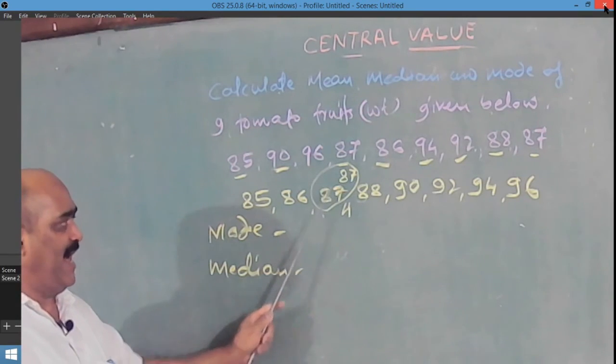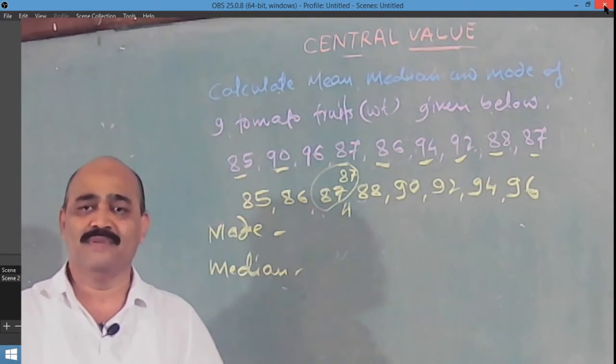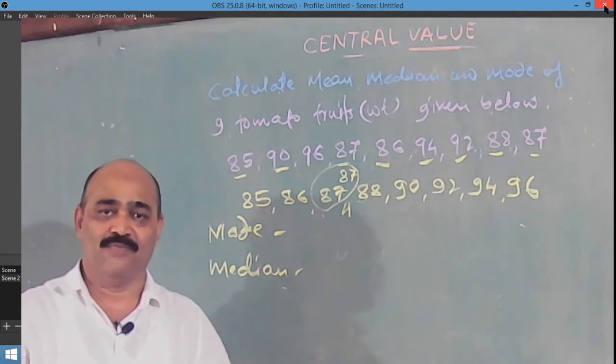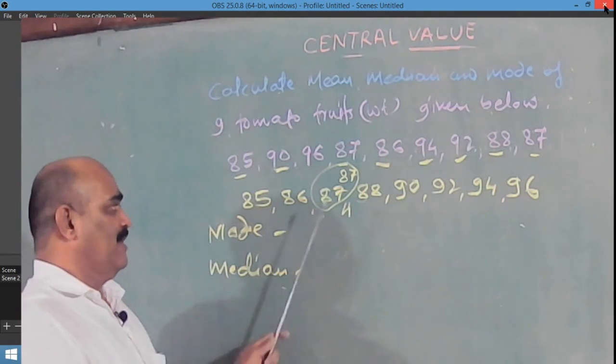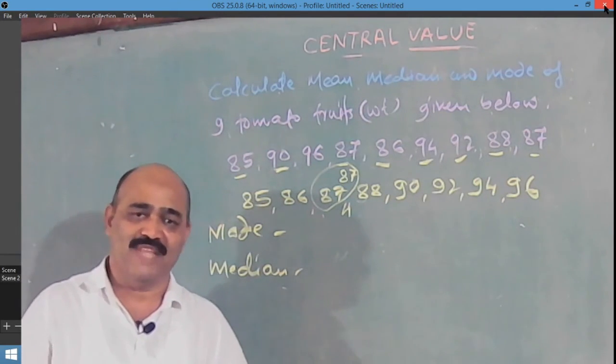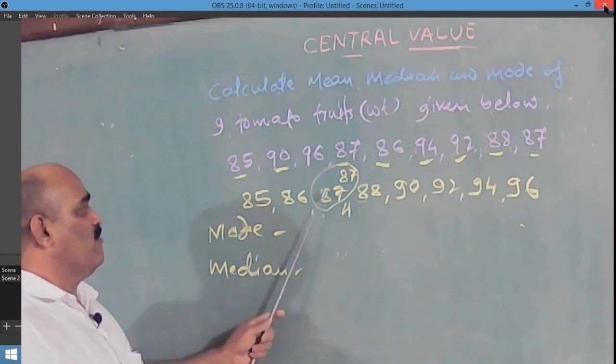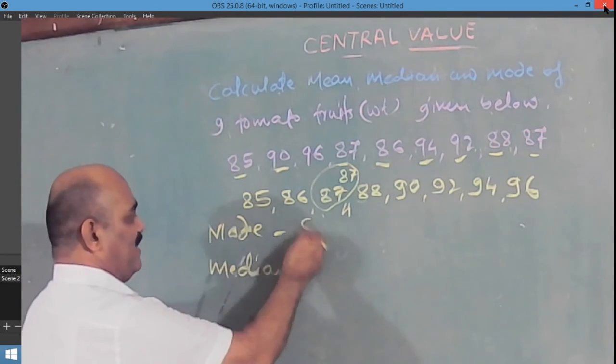That means 87 comes two times out of 9 observations, that means more times in our data. So the mode of our data is 87.